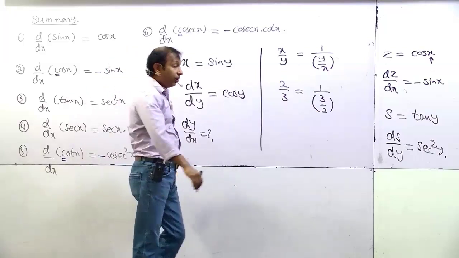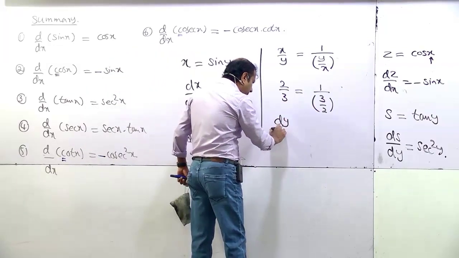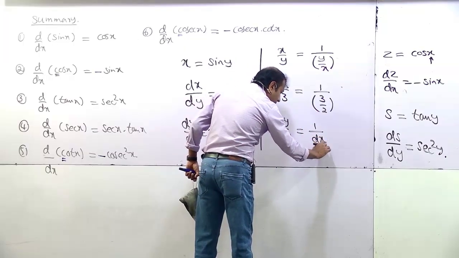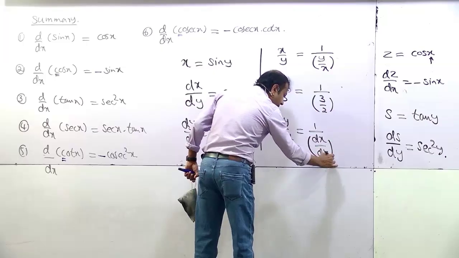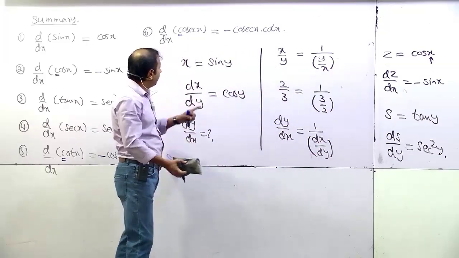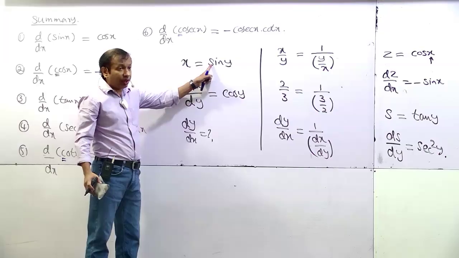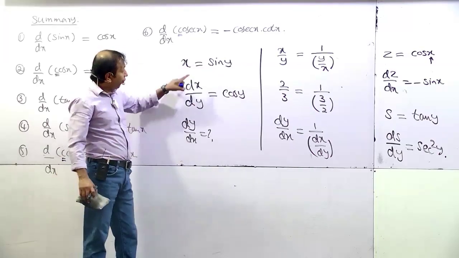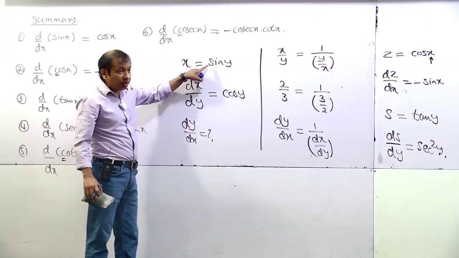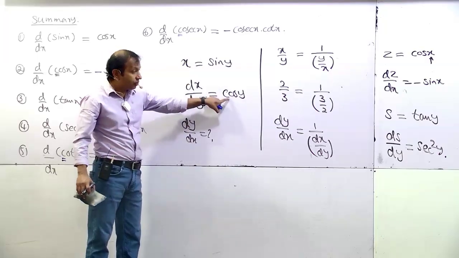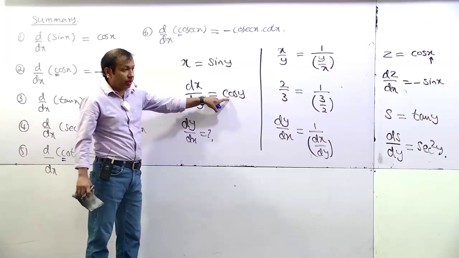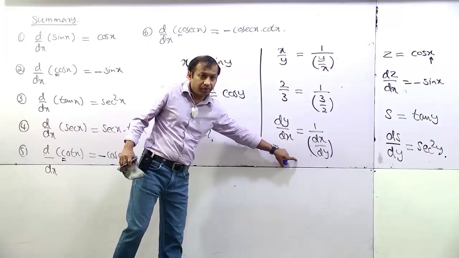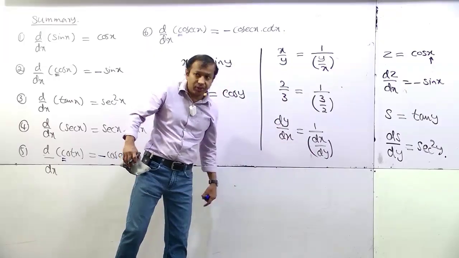Like that, dy over dx we can write as 1 over dx upon dy. If you need to find dy over dx, you can't find that directly. Once you are given this way, you can find dx over dy directly. Now, if you need to find dy over dx, you have to use this relation. Then putting that here, you can find dy over dx.